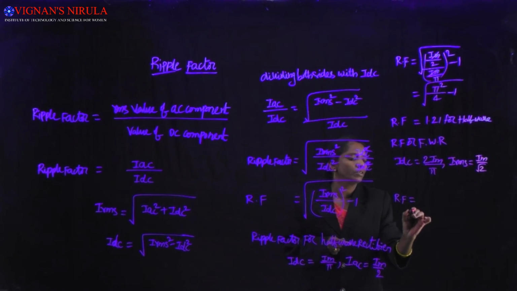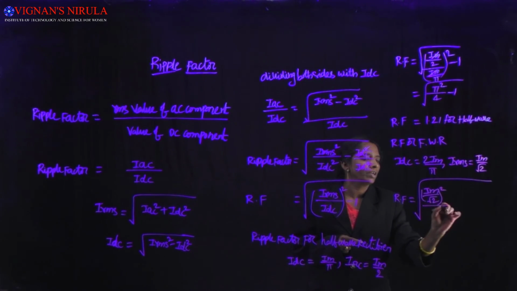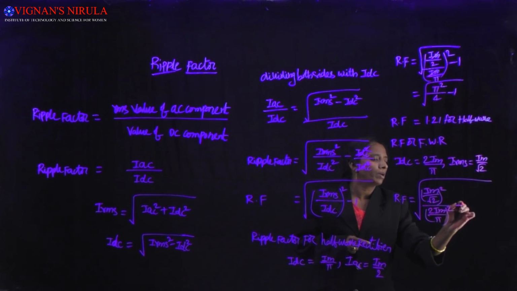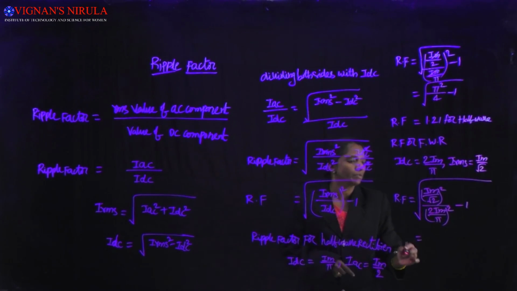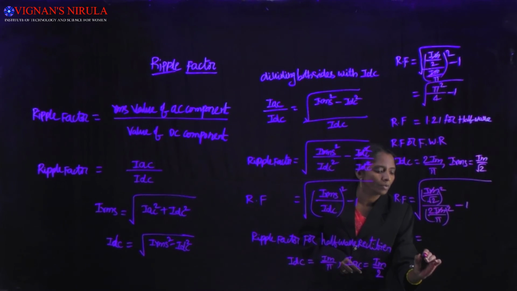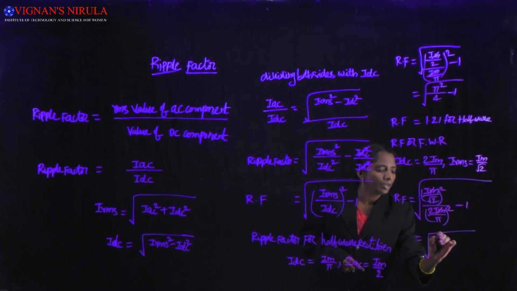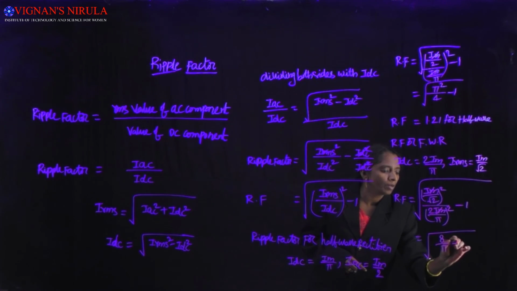RF equals the square root of IM by root 2 whole square, divided by 2IM by pi whole square, minus 1. From this IM gets cancelled and we get the square root of pi square by 8 minus 1.